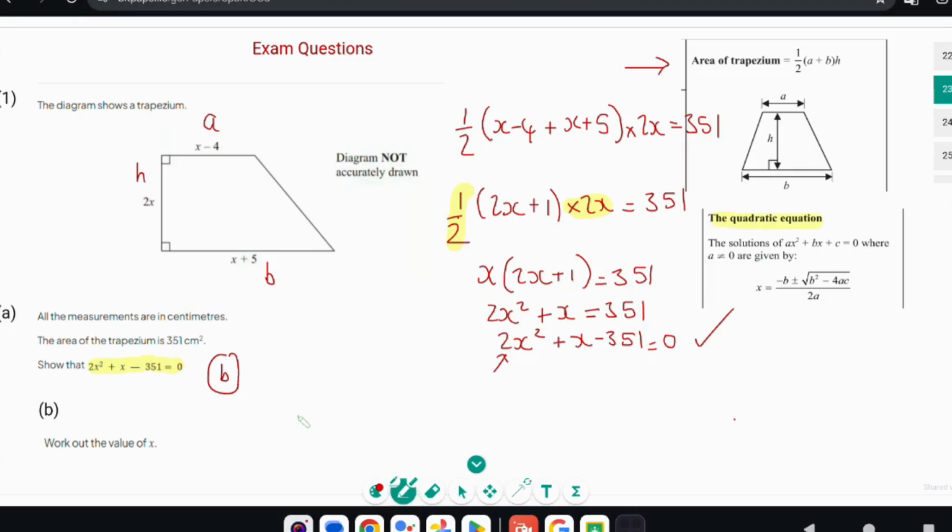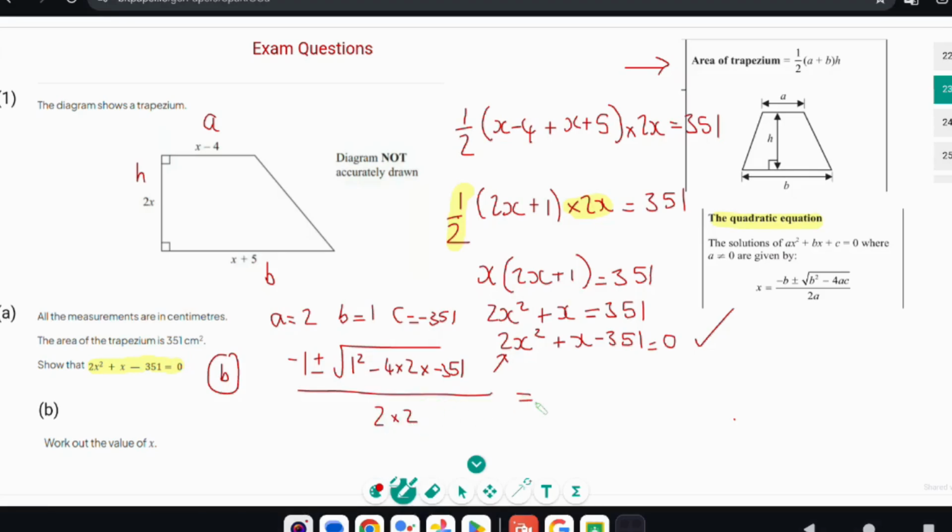So A is 2, coefficient of x squared, B is 1, you've got 1x, and C is minus 351. So you've got minus 1 plus or minus square root of b squared minus 4 times a times c, all over 2a.